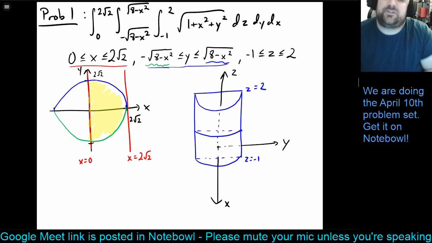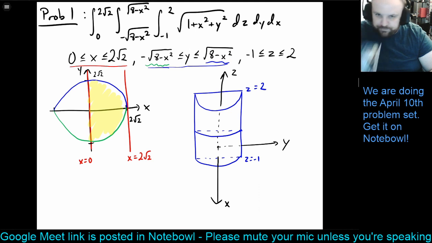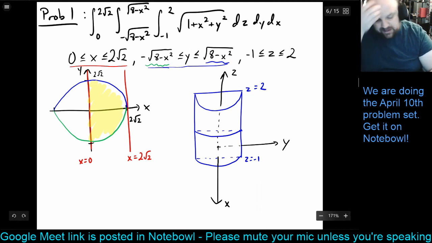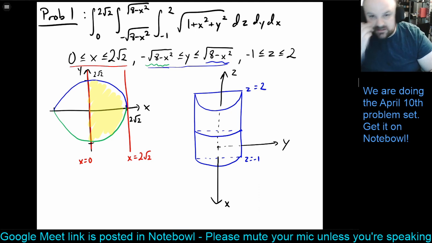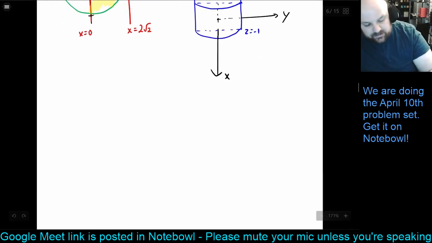The nice thing about switching from Cartesian to cylindrical is z doesn't change. Since our region here is a cylinder, we probably want to try cylindrical coordinates on it. That's why, when we switch to cylindrical coordinates, it's nice because z can stay exactly the same. So how do we start describing this region in cylindrical coordinates?